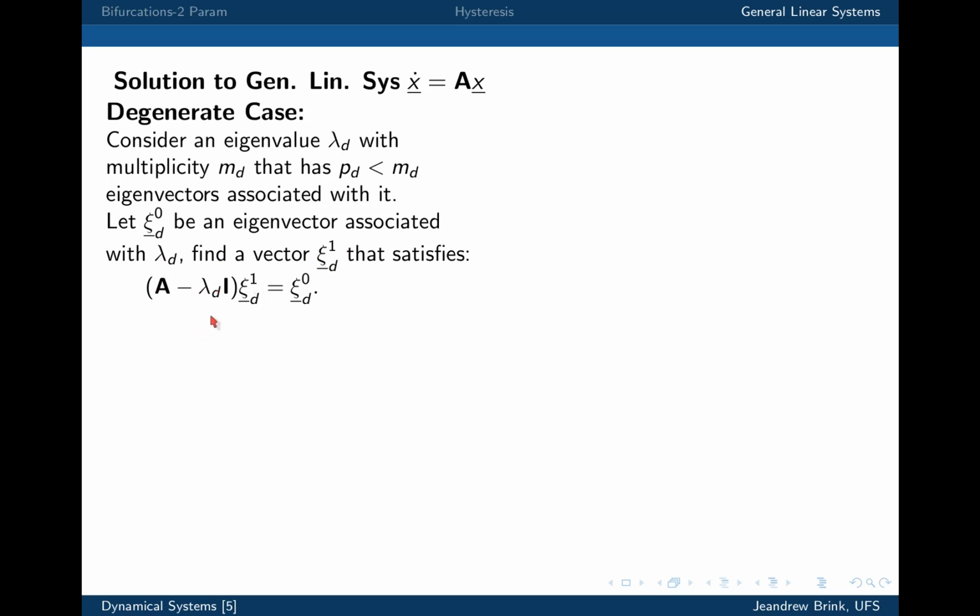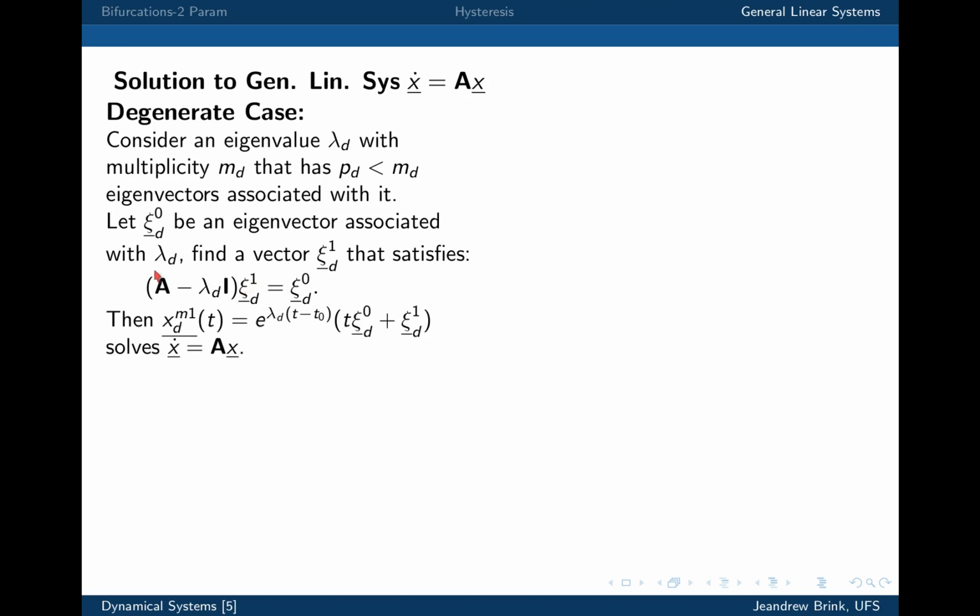Remember, if it was an eigenvector, that would be 0, but it's not. It's a different kind of vector that obeys the same matrix multiplying it, but now it equals the original eigenvector. So it's a construction, and you do this whenever you have a degenerate case. The moment you have two eigenvalues that are the same and only one eigenvector, you immediately construct another vector using this rule.